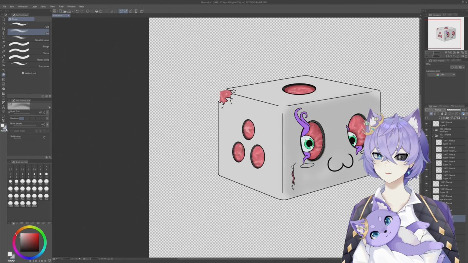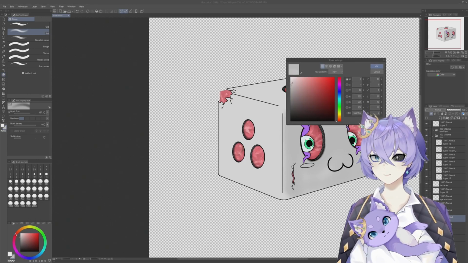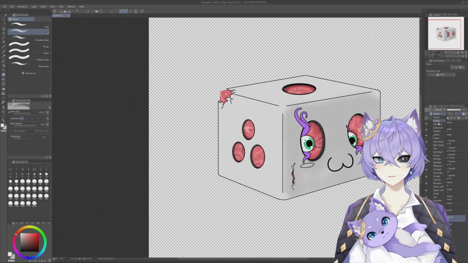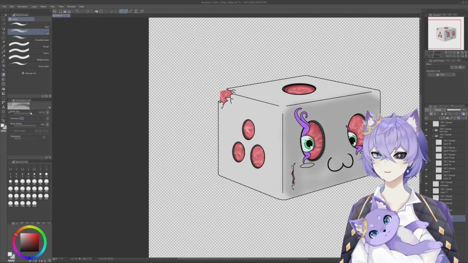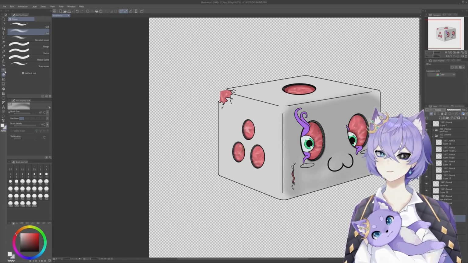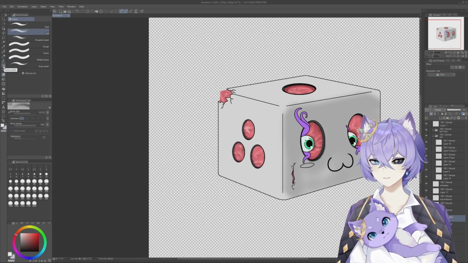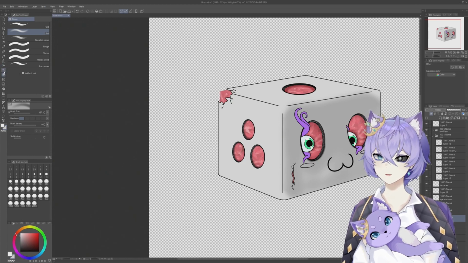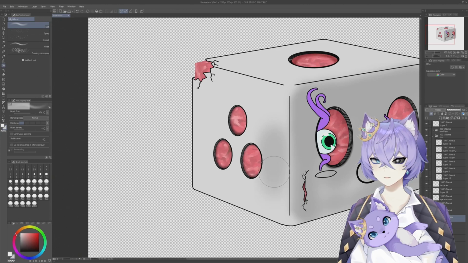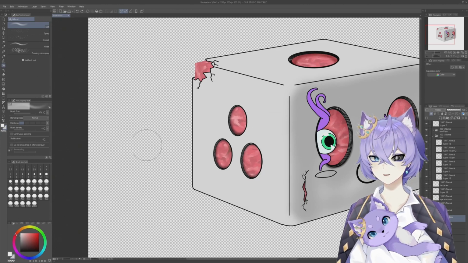So if that's that, this then needs to be slightly lighter. So let's do a multiply. I may have messed that up slightly, but let's keep going and see how it goes. Even lighter than that.